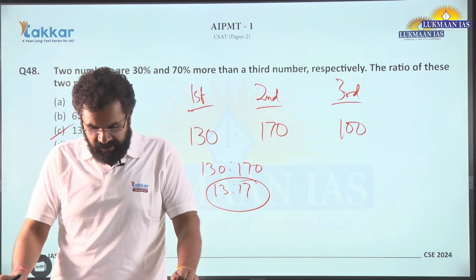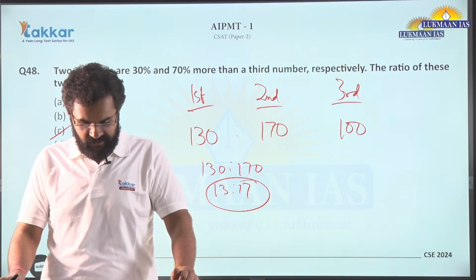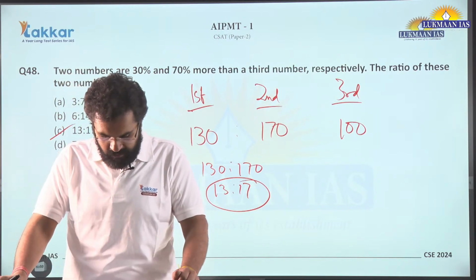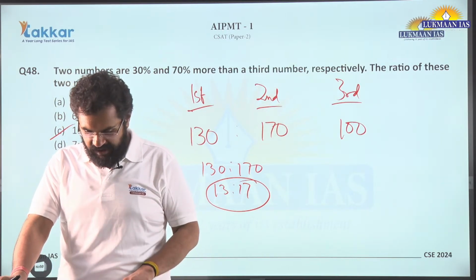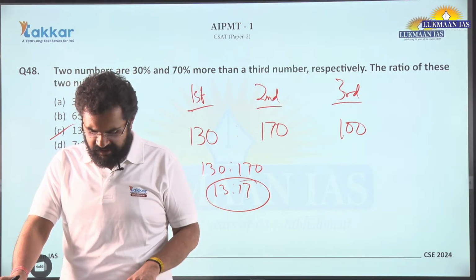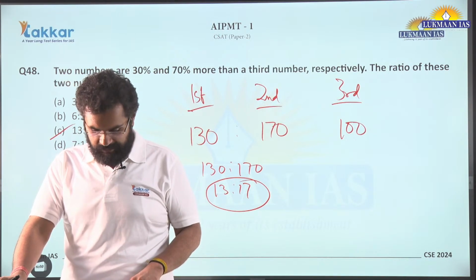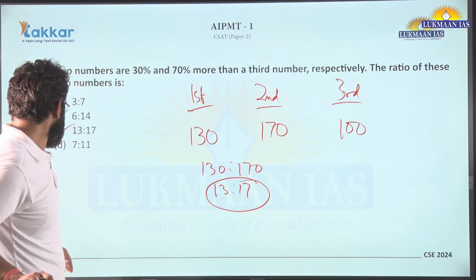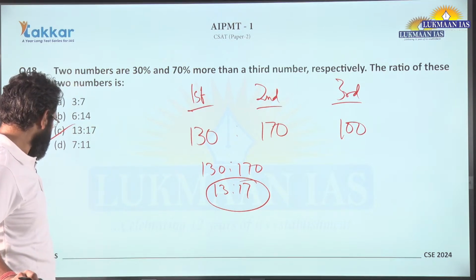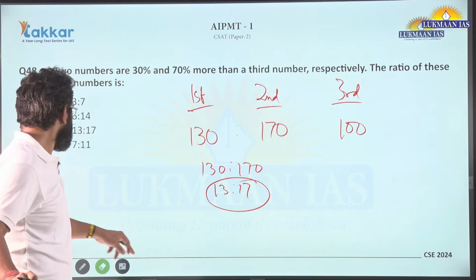Question number 49, find the missing number in a series, is an easy question. We need not do this. Question 50, if the following words are arranged in a dictionary, which of the following will come in the middle? I guess there is some confusion in this question, but let's see the question.